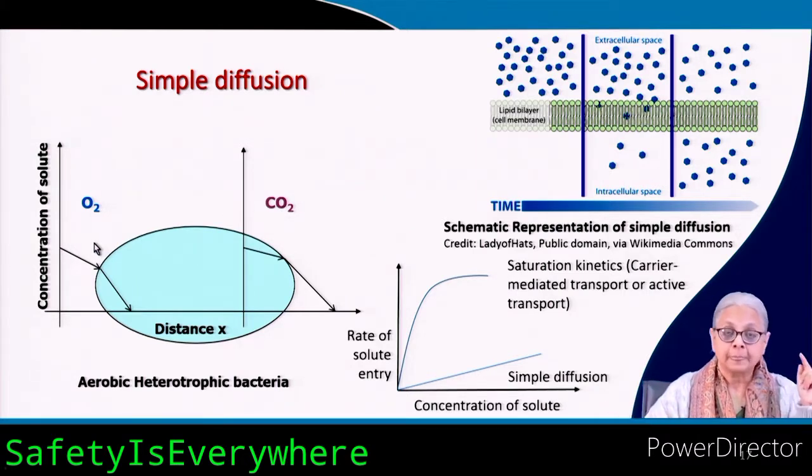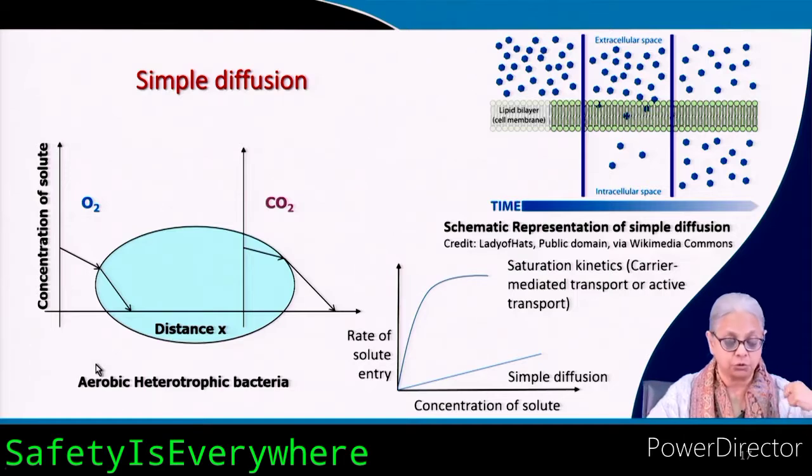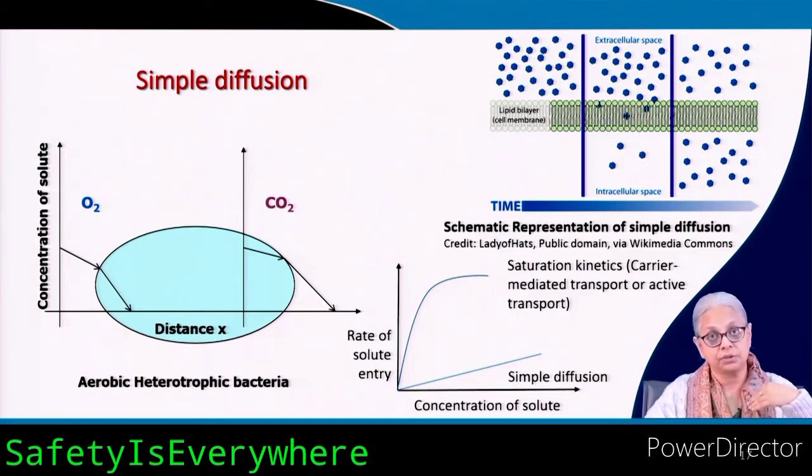So how does it work? Let us take our normal aerobic heterotrophic bacteria, the one that we see everywhere around us. It's in the water, it's in the soil, it's everywhere. Inside us, outside us, they're all aerobic heterotrophic bacteria. What are they doing? They need to take up oxygen and they need to throw out CO2. CO2 is the end product of this process.